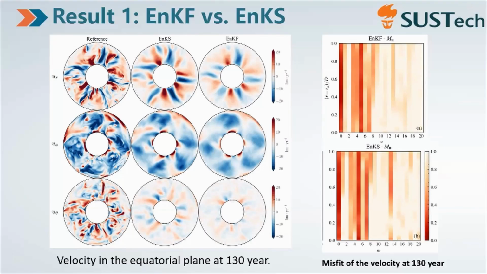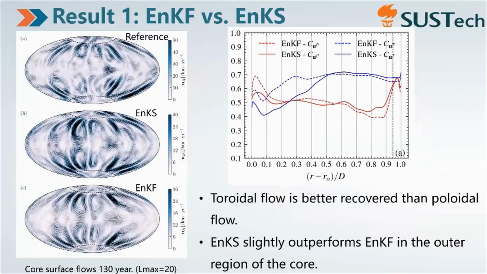You can see that the ENKS gets slightly more detail of the flow structure and is probably slightly closer to the reference. On the right is the misfit of the ENKF and ENKS. Of course, the red color means a small misfit. So for some modes, the ENKS indeed outperforms the ENKF alone.